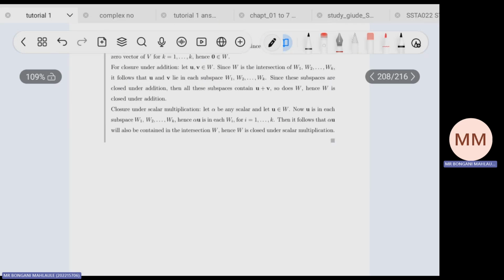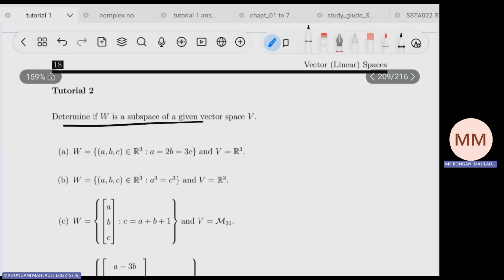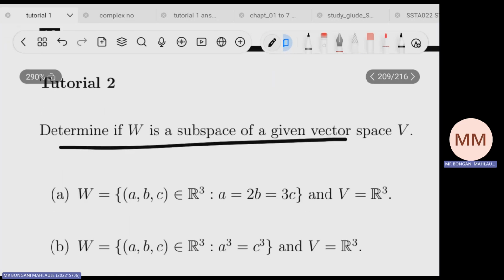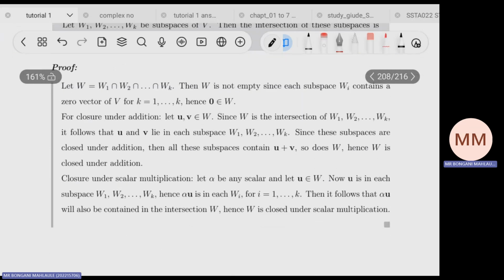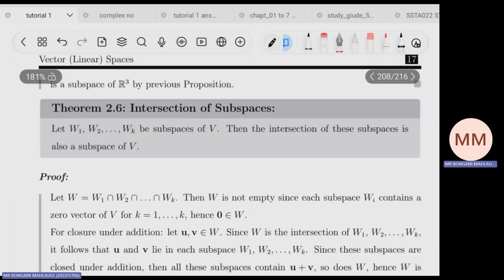And let's check what we're expected to know on tutorial 2. So we're talking about the subspace of a vector space. They say determine if W is a subspace of a vector space V. So what's a subspace?